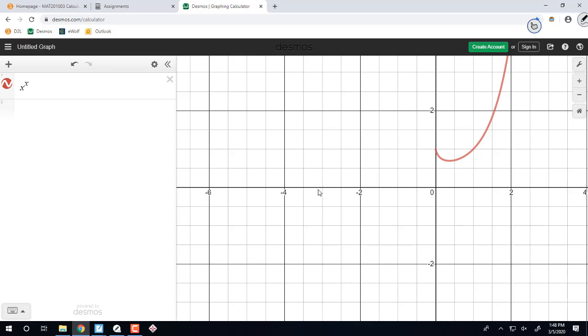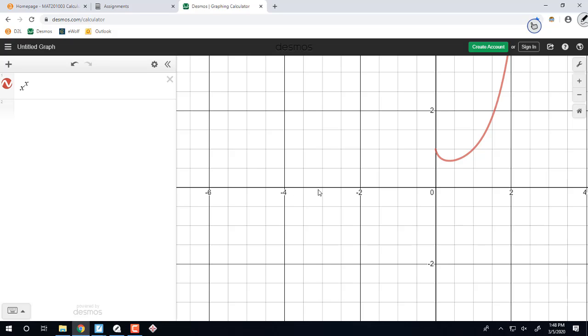If x is -2, then we have y equals -2 to the power of -2, right? So that's just 1 over -2 squared, which is 1 over 4.